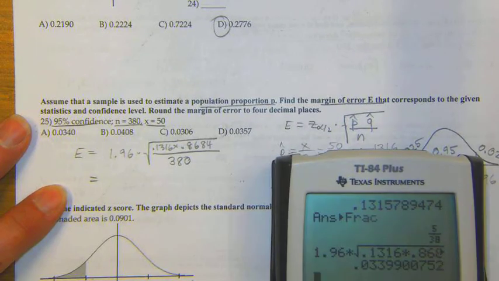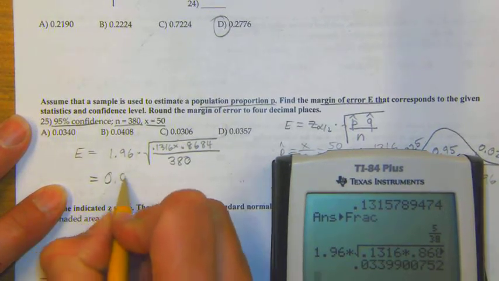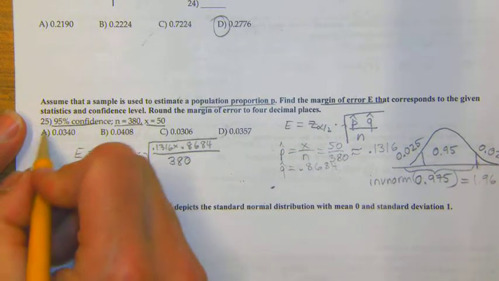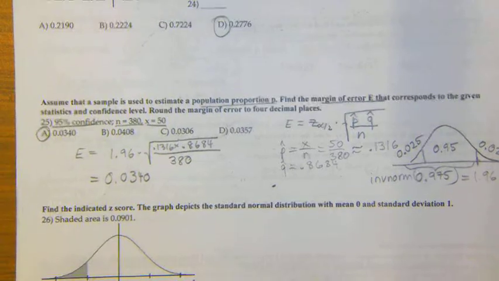And then we round to 4 decimals, so that means our 9 actually gets rounded up to a 10, which makes it 0.0340, which is answer A.